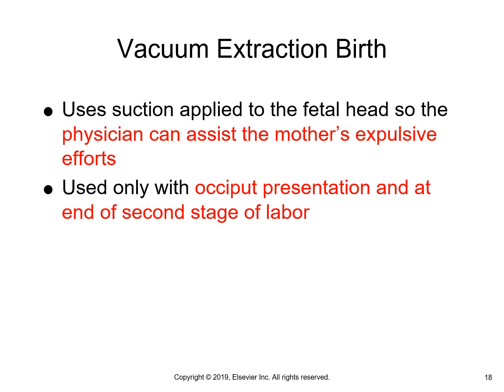This vacuum uses suction, and that suction is applied to the fetal head to assist the mother with the birth of the head, the birth of the baby itself. This vacuum is only used with occiput presentation and at the end of the second stage of labor.